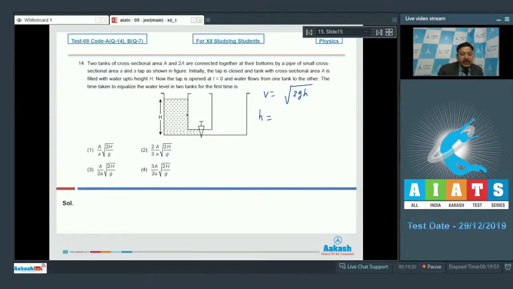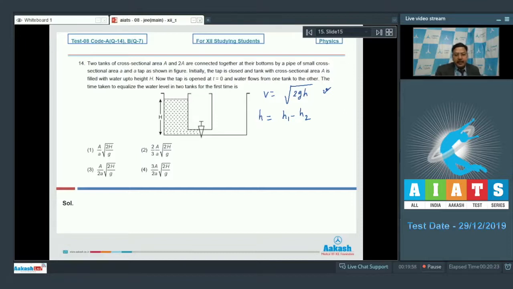So if the height of liquid on the left side is h1 and the height of liquid on the right side is h2, then h is simply h1 minus h2. This is the speed of efflux. We get it from Bernoulli's equation, and the expression here will be this in this particular situation.